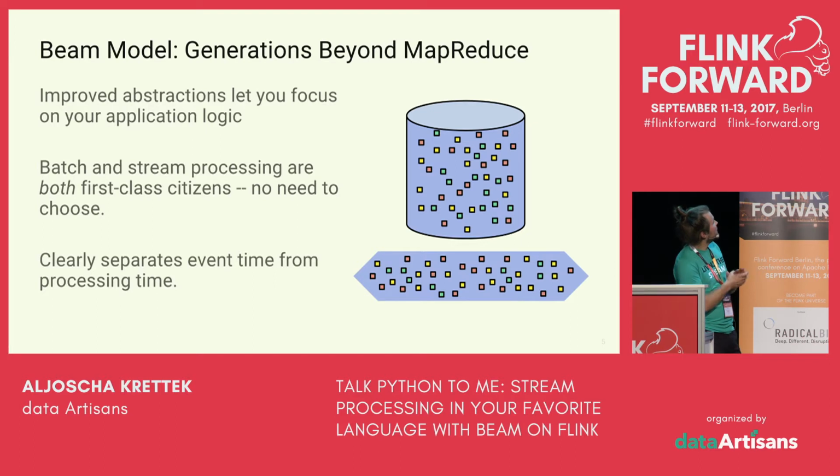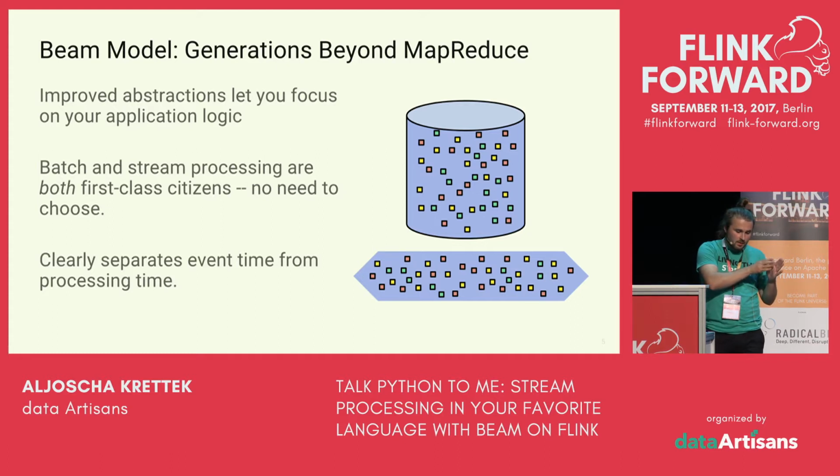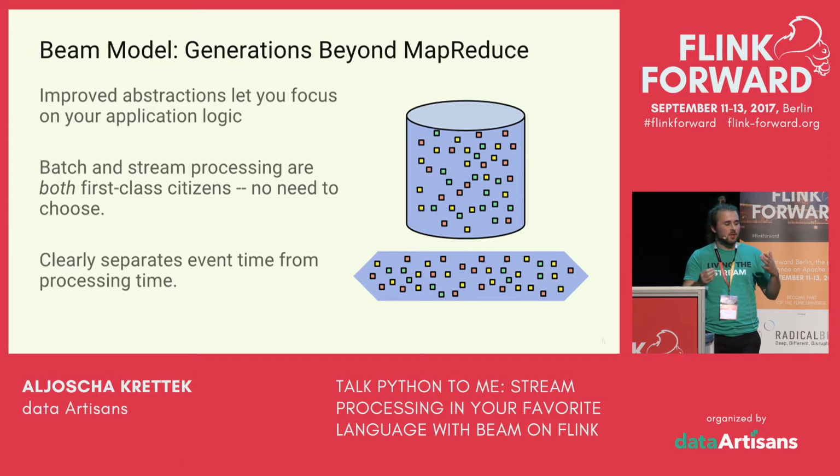So, in essence, Beam is several generations after MapReduce, and it's APIs that let you focus on specifying what you compute, where MapReduce was a very low-level system, and you had people build abstractions similar to Beam on top of MapReduce.